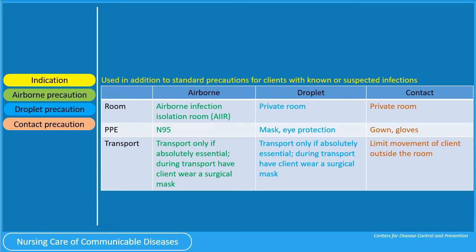For the PPE, we use N95 mask for airborne precaution, mask and eye protection for droplet precaution, and gown and gloves for contact precaution. In all transmission-based precautions, transport must be limited only to essential purposes. Pause this video, gather your thoughts, and when you are ready, let us have a practice test.